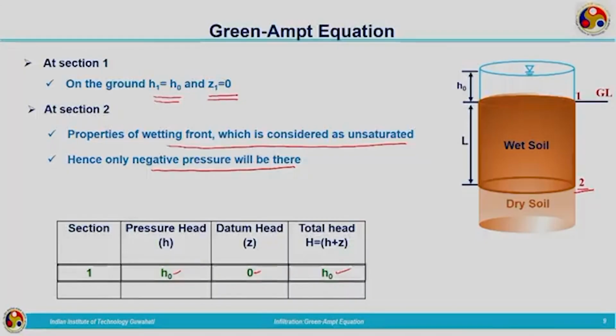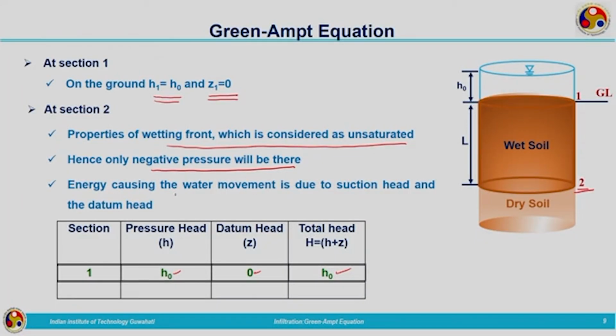Now we need to write expressions for the suction head and the datum head at section 2. At section 2, the energy causing the water movement is due to suction head and datum head. The suction head can be represented by minus psi. Look at this figure. At section 2, the depth of the wetting front is L, but that is below the ground surface, below the datum, moving in the downward z direction, so it has to be considered with a negative sign.